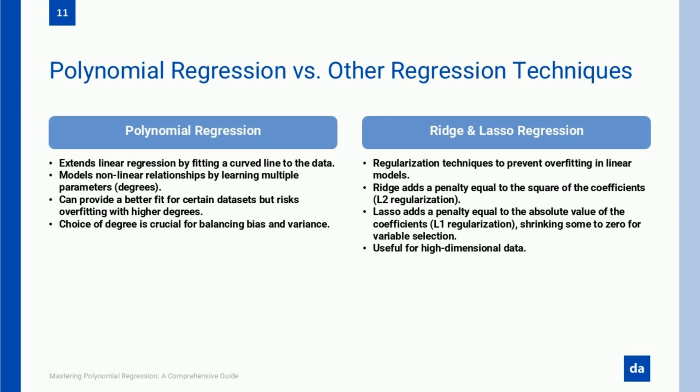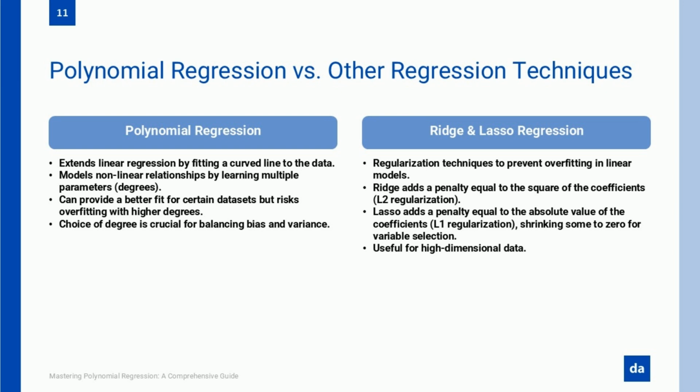This discourages large coefficient values, preventing the model from relying too heavily on any single feature. Ridge regression is particularly useful when dealing with high-degree polynomial regression models, where feature coefficients tend to become extremely large. By shrinking these coefficients, ridge regression helps maintain model stability and improves generalization.